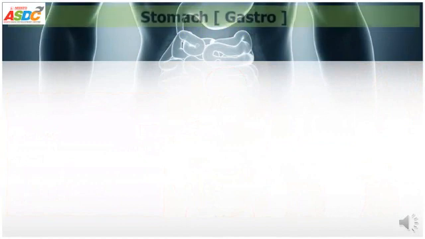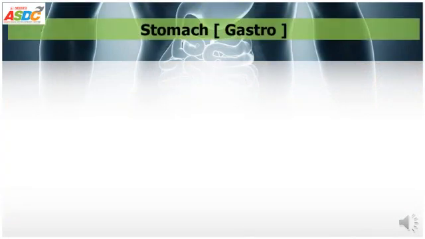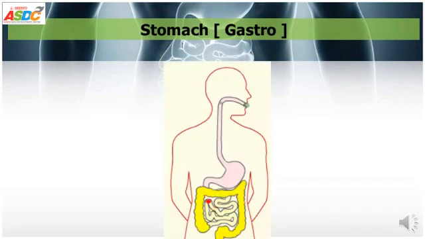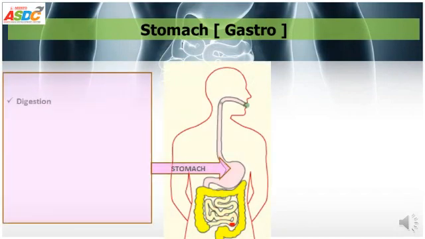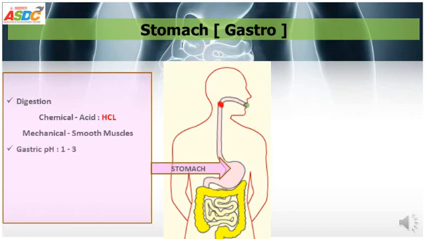Now, the food is in the stomach, which is called as gastro. Stomach contains the chemical hydrochloric acid, HCl, that makes the stomach highly acidic. With a protein-rich meal, the concentration of this acid in the stomach can be of pH 1 to 3.